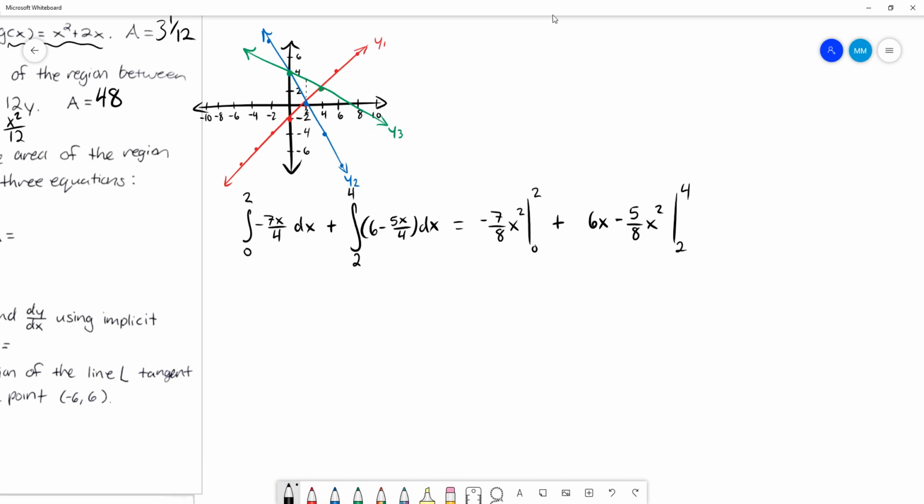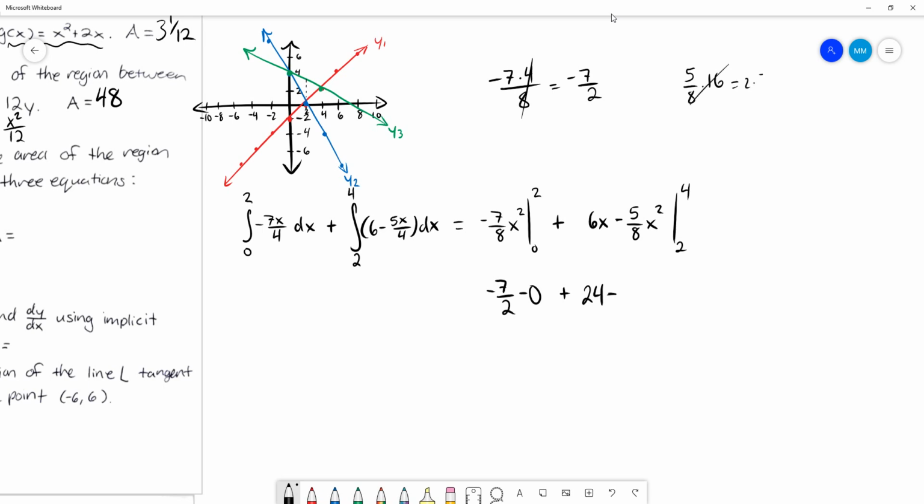Right, and now plugging in a 2 here, that's going to be -7 times 4 over 8, which is of course just going to be -7 over 2. Plugging in the 0, it's just -0. Plugging in our 4 over here, it's going to be 24 minus, let's see, so it's 5/8 times 16.